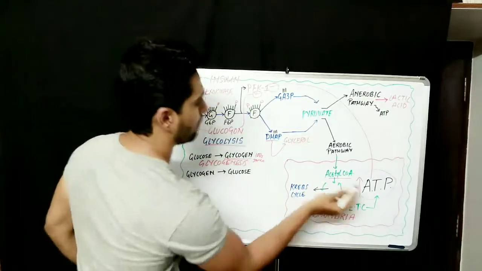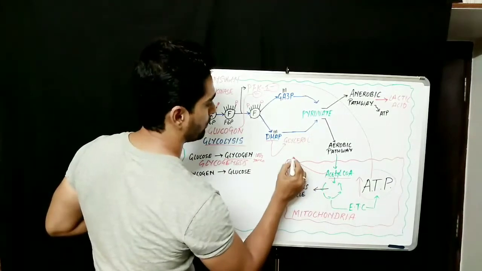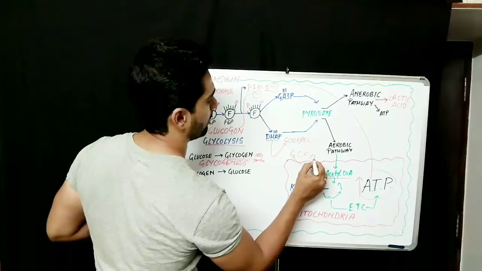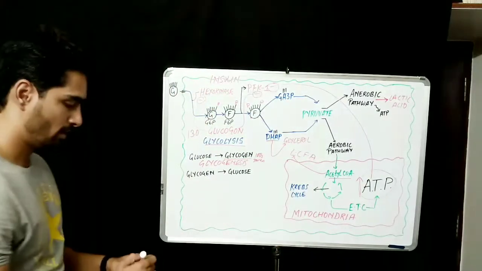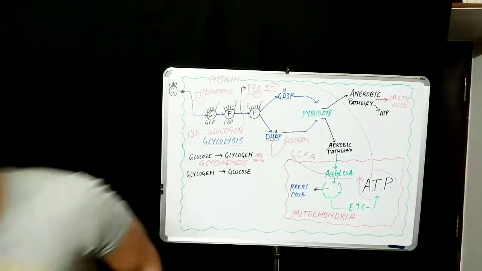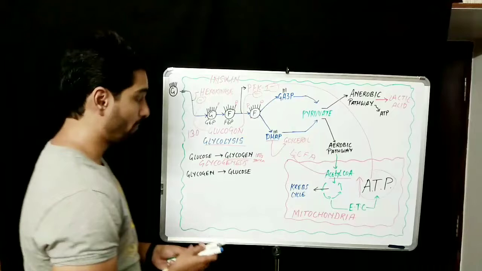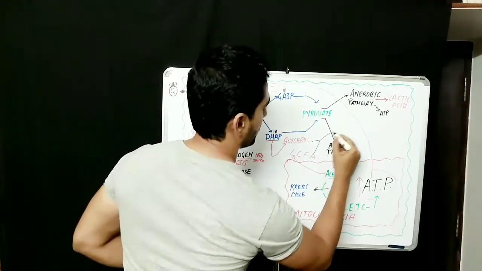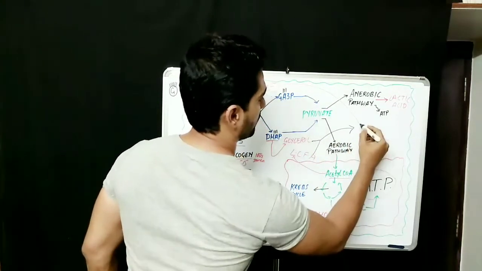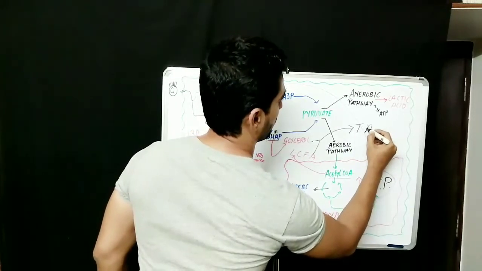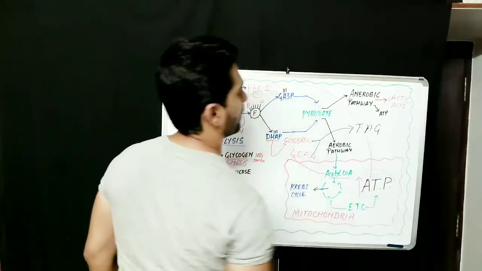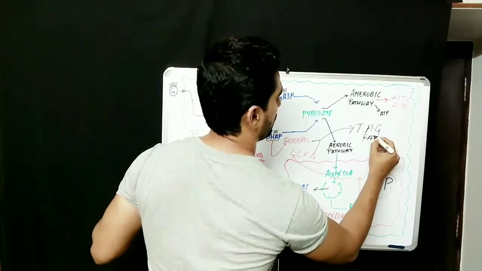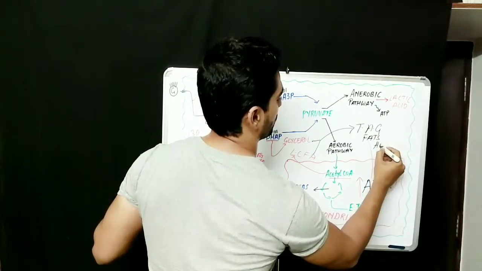And this acetyl coenzyme A converts to something called long chain fatty acids. And these two combine to form something called triacylglycerol. It's a triglyceride, it's a fat, and that's stored in your adipose tissues.